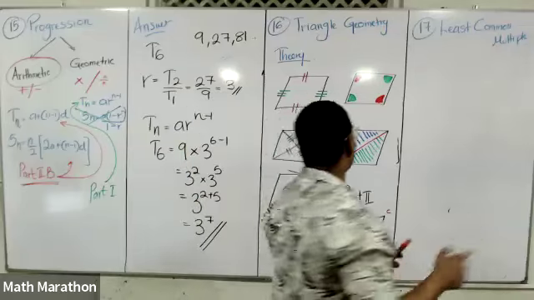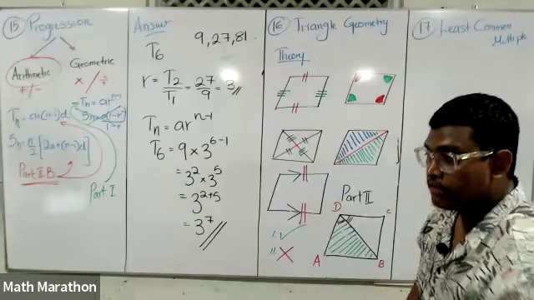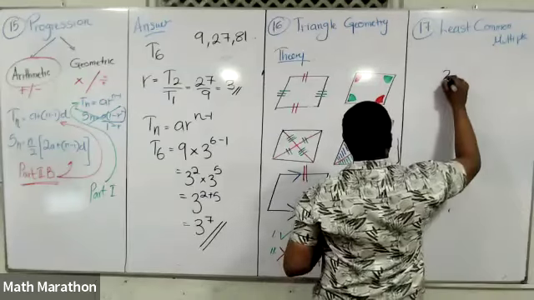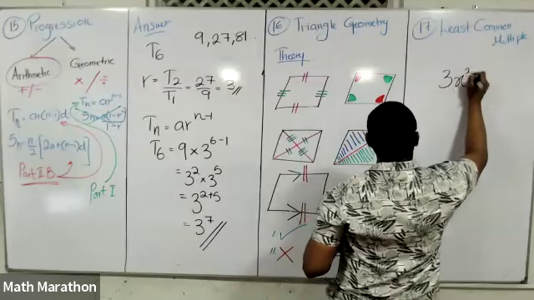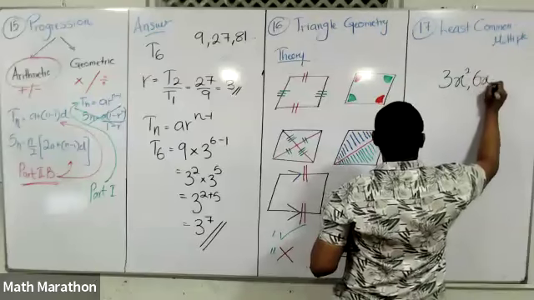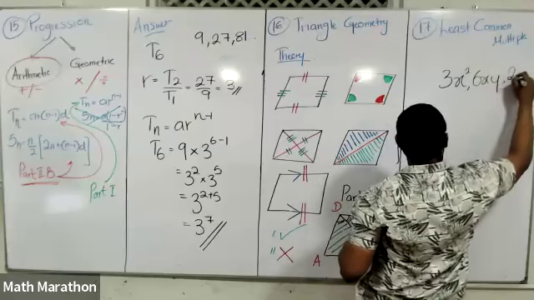So if we are taking the least common multiple, what we have is 3x squared, comma 6x, comma 2y.